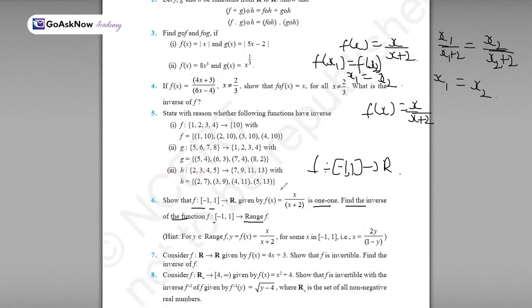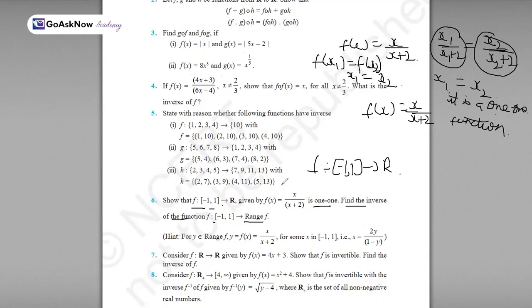Because x1 and x2 will come like this only. This term is similar to this term only. So x1 will be equal to x2 here. So this means that it is a 1-1 function. I hope that you got this step, why it is a 1-1 function.